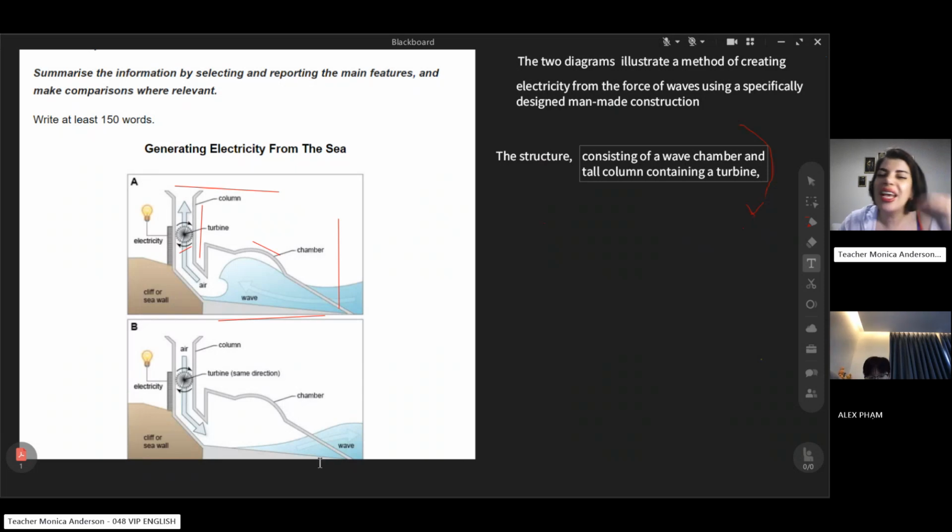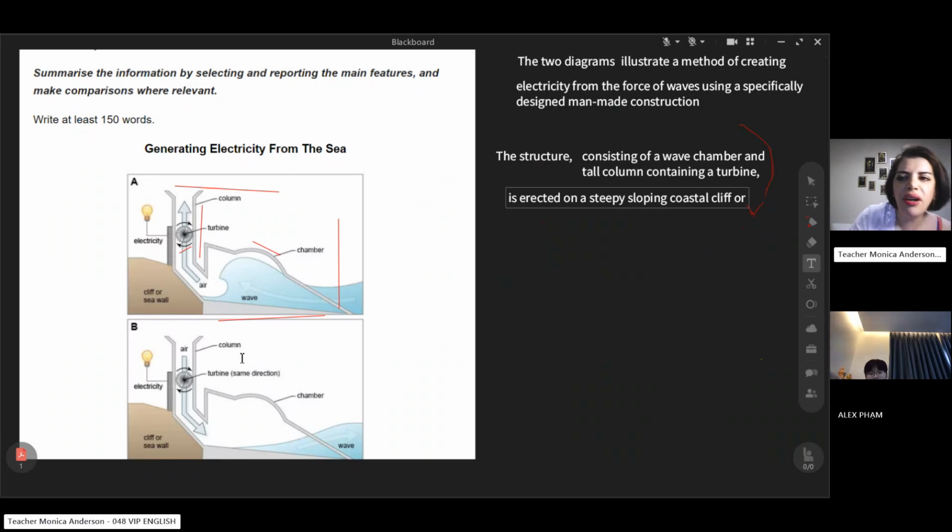So now we're going to briefly talk about, so I can say this structure is erected on a steep sloping, so of course this is actually a coastal cliff, as you can see, a steep coastal cliff. I will explain the words one by one.